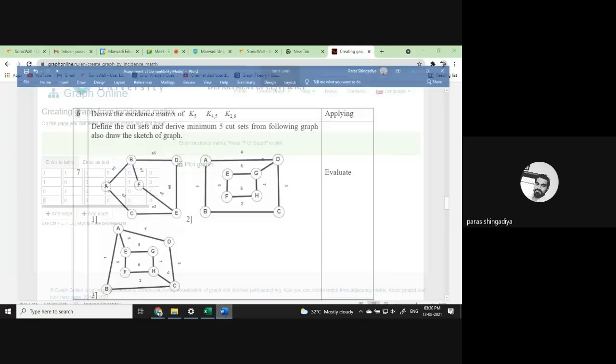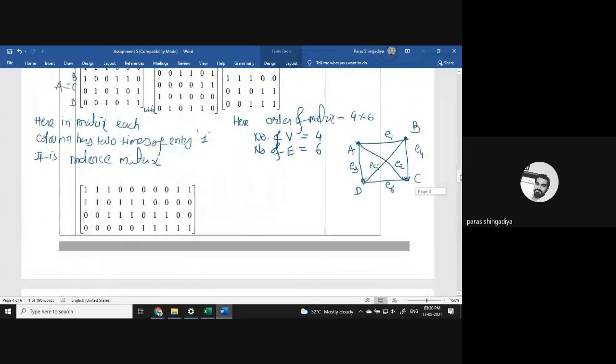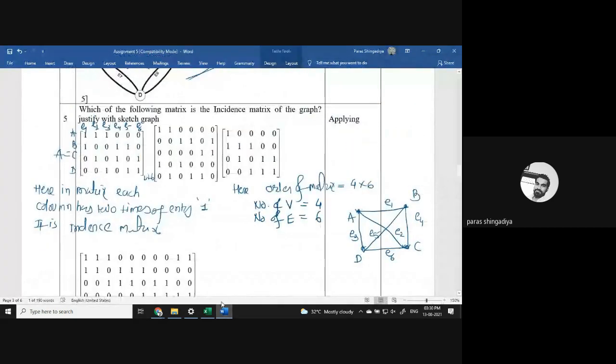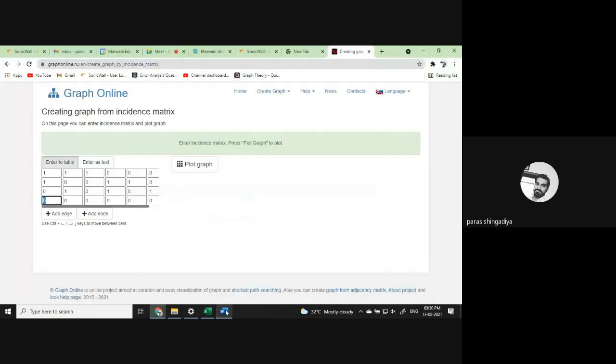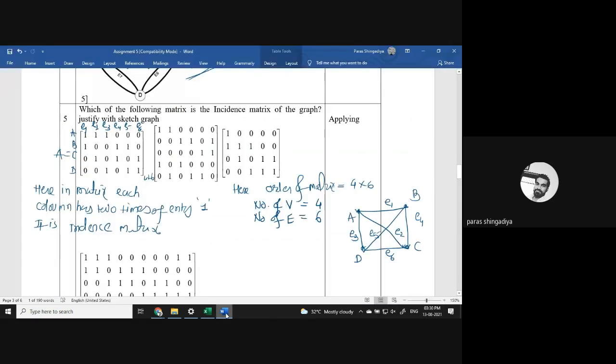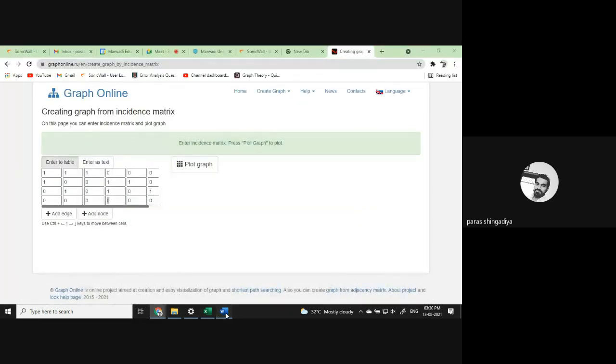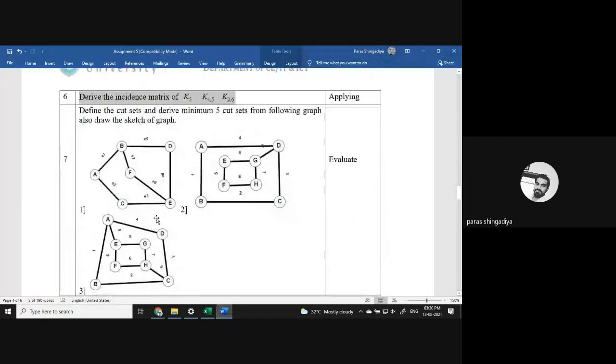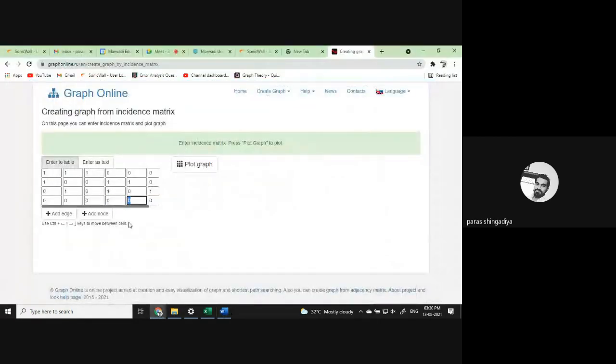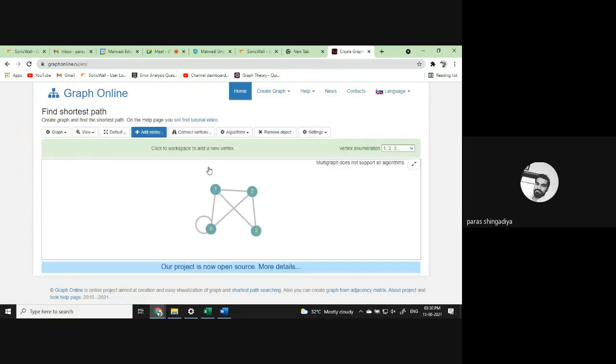And the last row is 0 0 0 1 0, 0 0, 0 0 1 and 0 1 1. Okay, these are the matrix entries given. We just store these values here and then plot the graph. I think we entered the wrong data there.